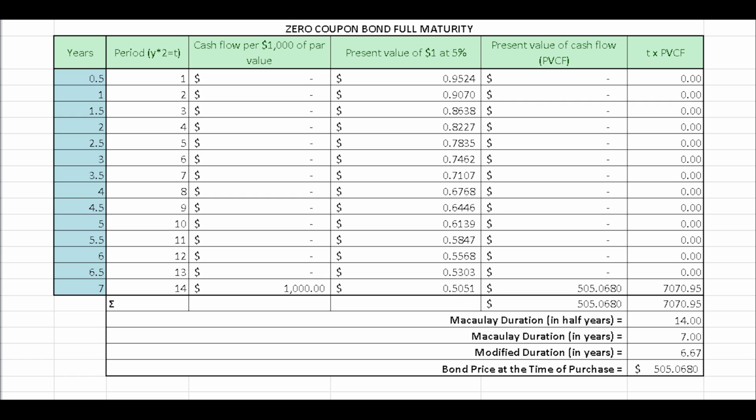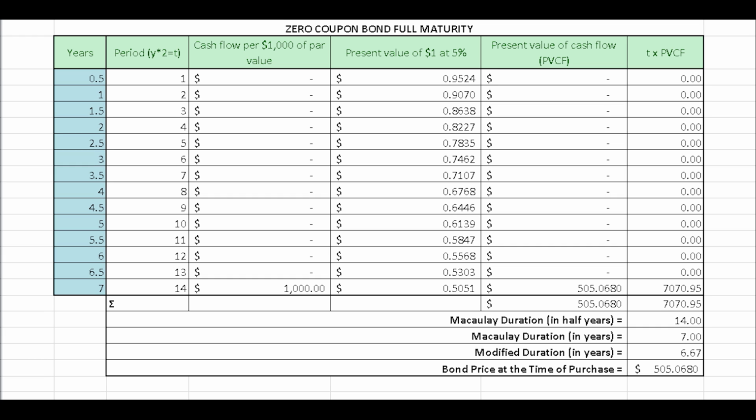If it was compounded 4 times per year, then we'd have the number of years multiplied by 4, 7 times 4 is 28, and we have 28 here. Cash flows for $1,000 of par value. A zero coupon bond is exactly what it sounds like: zero coupons. So you receive absolutely no coupons during the duration of the bond.